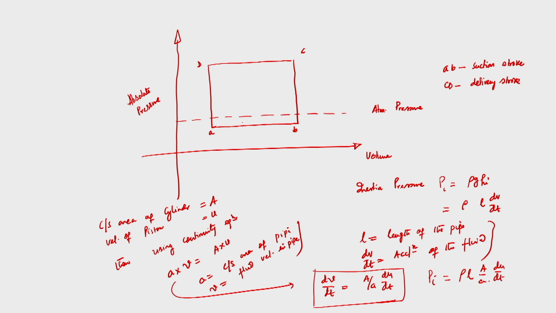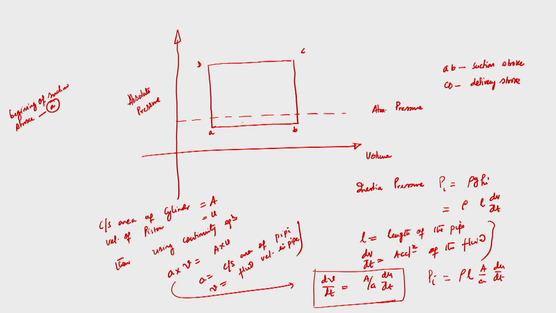See, du/dt is important because it depends upon the frequency of the cylinder, by which it has to and fro motion. So from this expression, what I can see at the beginning of the suction stroke, that is point A. What is happening at this point A?